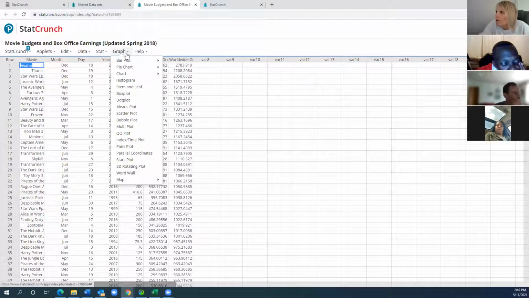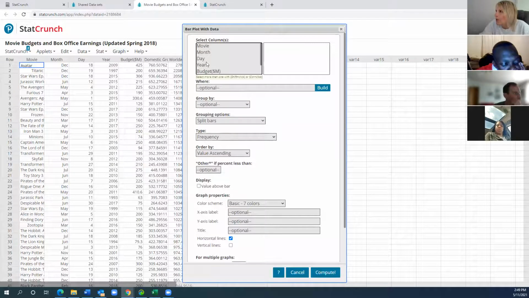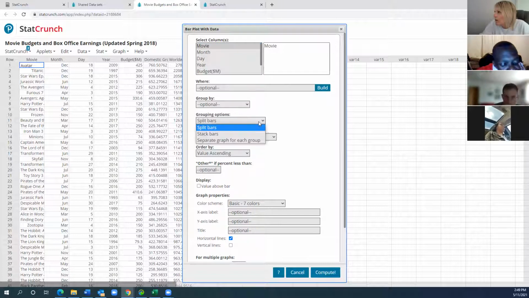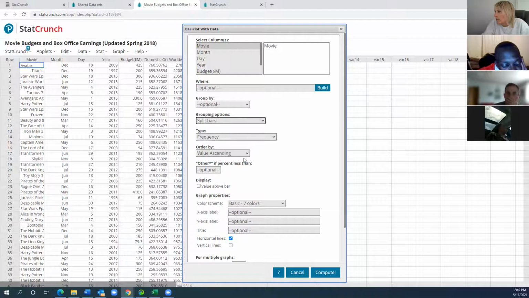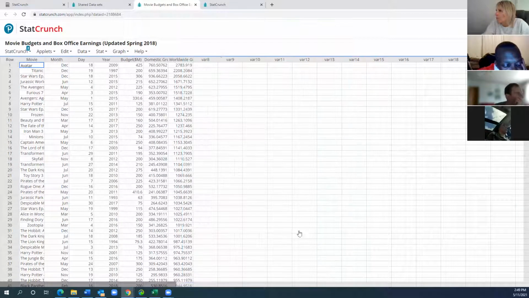Did I not choose? Oh, with data, bar plot with data, movie. Grouping options. Split bars. Order by value ascending. There is no value. So this is thinking it's numerical.